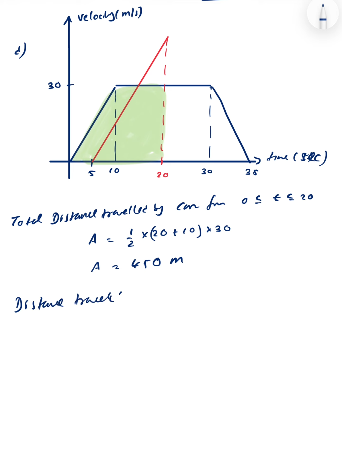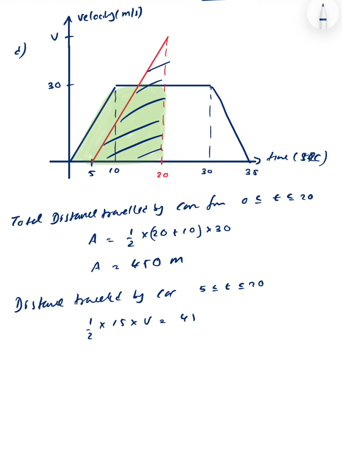Now for the motorcycle, the distance traveled in 5 to 20 is the area of this triangle. So that means half times 20 minus 5, which is 15, into, let's call this velocity v, and that's 450.